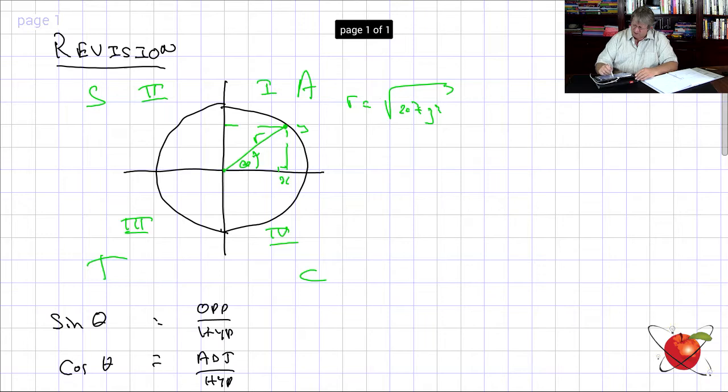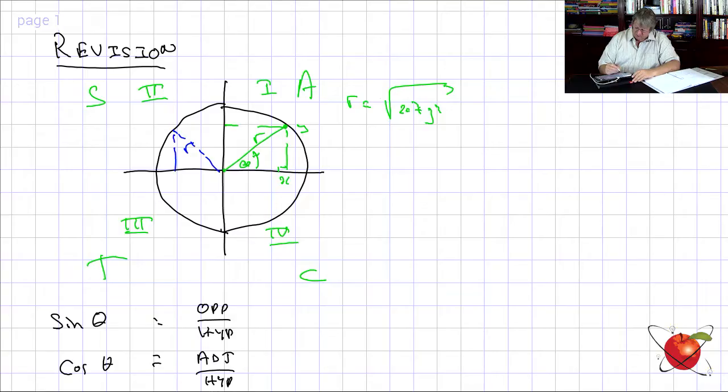But now, the next side of it is to say, what happens if the point was over here? R doesn't change. It's the radius of a circle, and remember, a length is positive. The coordinate can be negative. So if we go here, that point is y, and this is minus x.